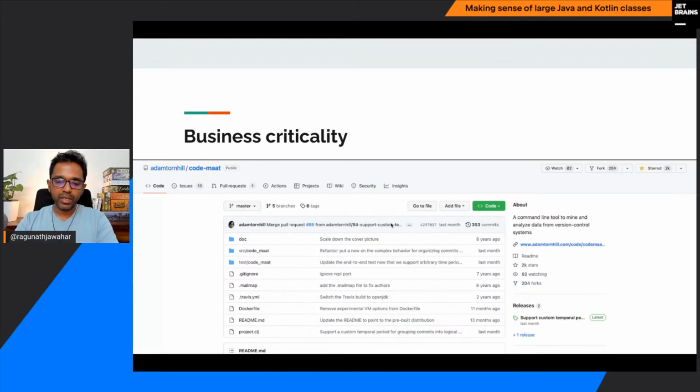So typically when you do a code base analysis, you would not pick up the code that has the highest length. You would actually pick the code that has the highest churn and the highest complexity based on the past few months, right? So that could be 3, 6 months. It really depends on the pace at which your code base is moving. We usually use a tool called CodeMaat. It's a tool that's available for free.